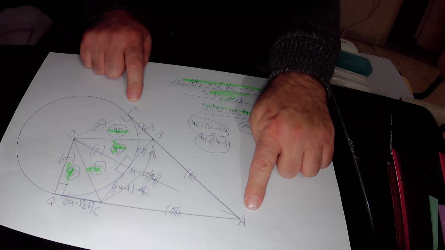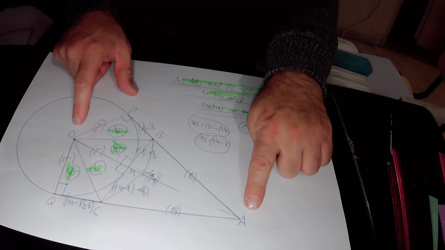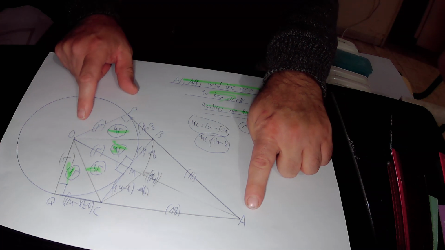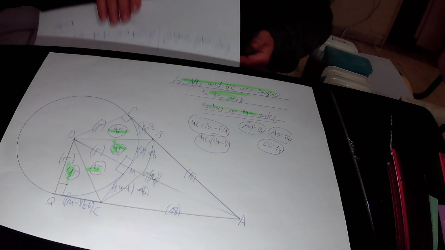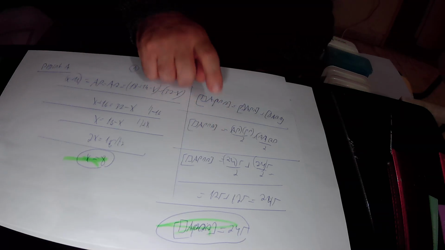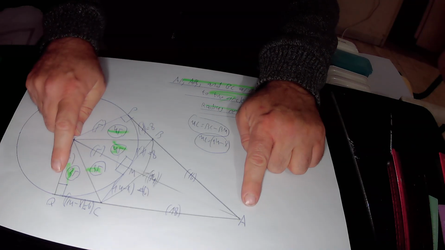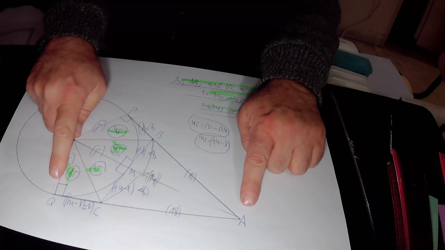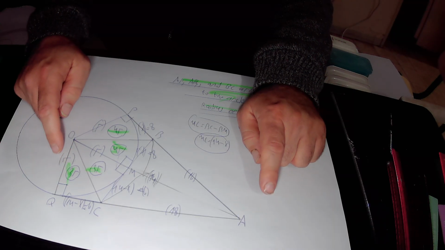AP equals 16 plus 8, that is 24, times the height PO, that is R, over 2. So the area of the upper right triangle APO equals 24 times R over 2, plus the area of the lower right triangle AQO, that equals the base AQ, which is 18 plus 6, that is 24, times the height OQ, that is R, over 2.